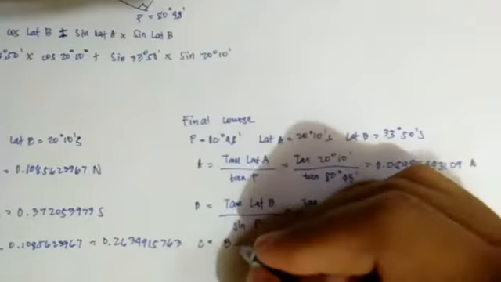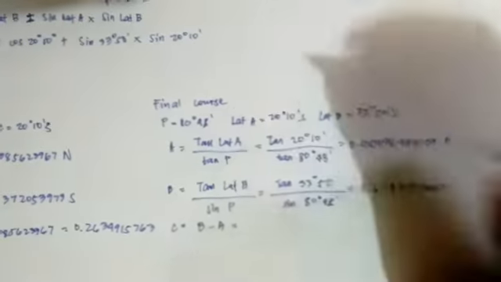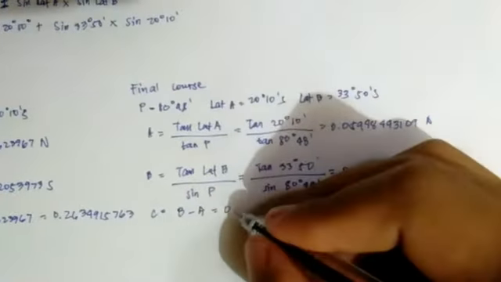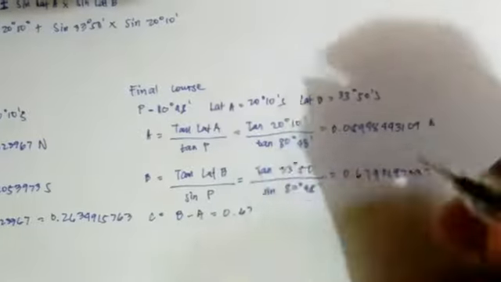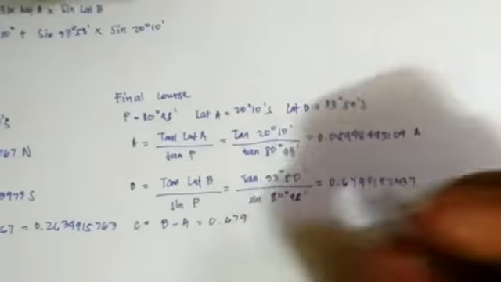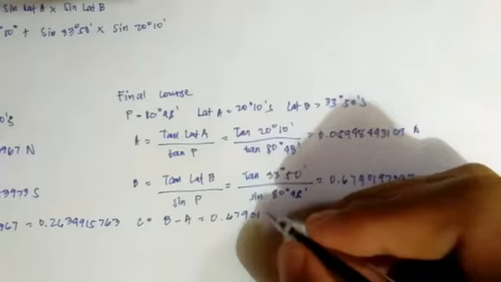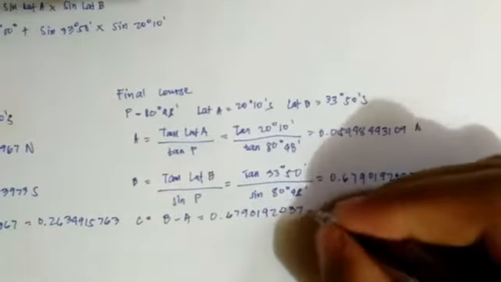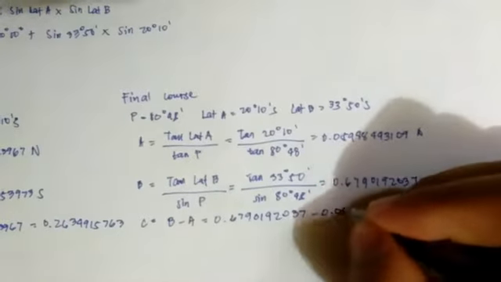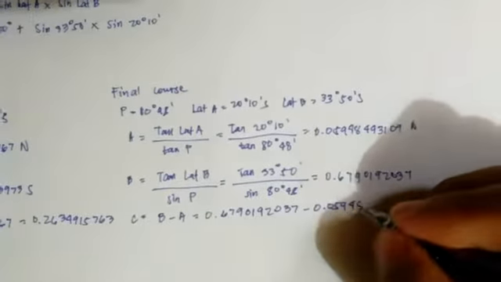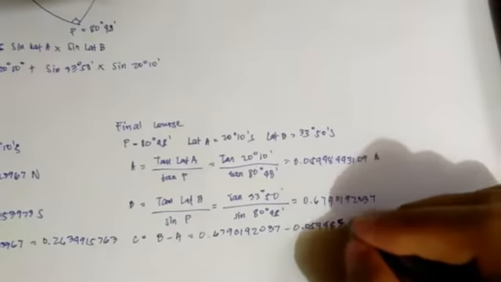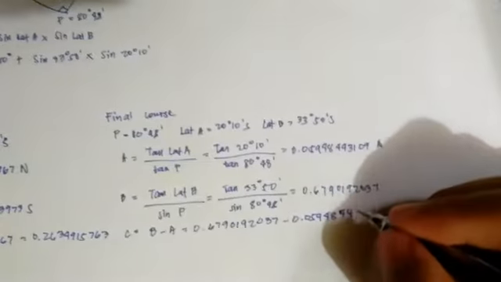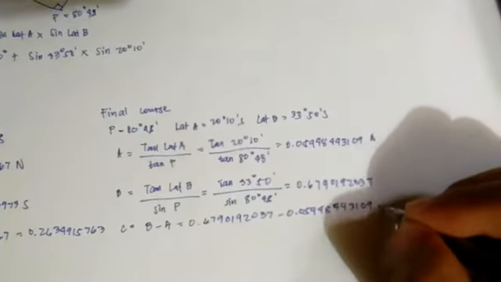So next is C. We will simply subtract the final course of A from B. So that would be 0.679019237 minus 0.05948443109.